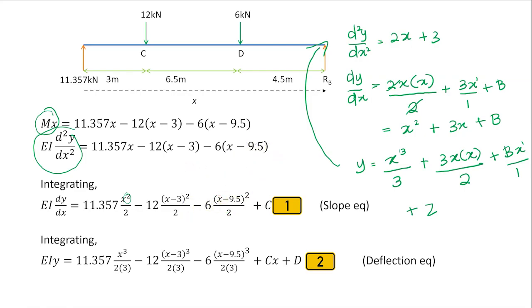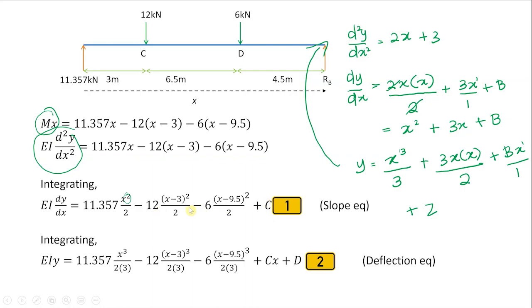Same goes with the 6 times x minus 9.5, multiplied by x minus 9.5, so it becomes power 2, and the 2 is also brought down. And then plus C, because every time we integrate there will be one unknown.